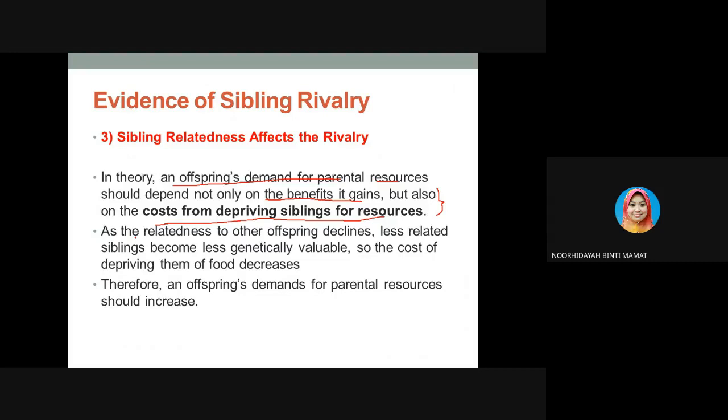As the relatedness to other offspring declines, less related siblings become less genetically valuable, so the cost of depriving them of food will decrease. Therefore, an offspring's demand for parental resources should increase. So this is the third evidence of sibling rivalry.